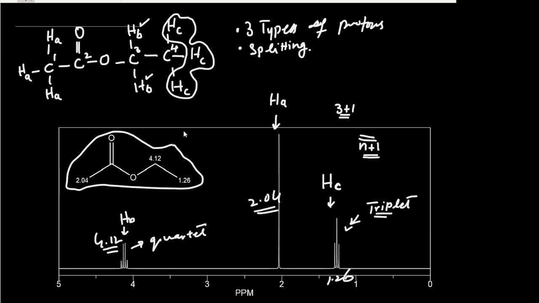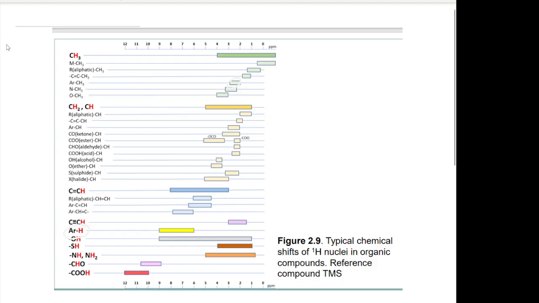So you will check the peak. If there is a peak at 4, you will look at the proton NMR spectrum table to see what the possibilities would be. For example, a CH2 group proton may appear around 4, like the CH group attached to the ketone will appear in this range.